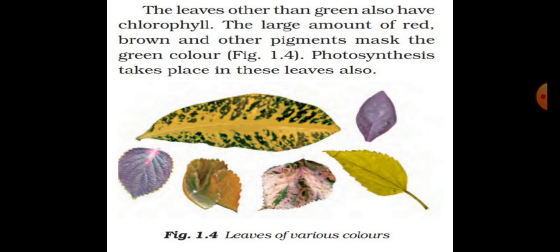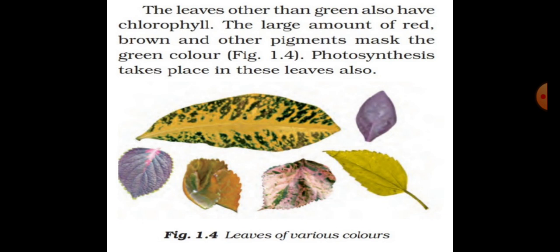have the pigment chlorophyll, but a large amount of colorful pigment covers the chlorophyll. The large amount of colorful pigment makes a mask, a layer on the chlorophyll.